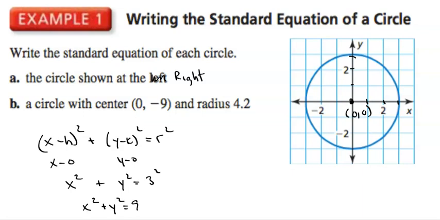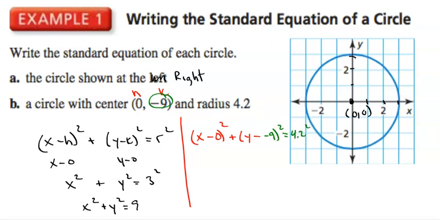And there's your first equation of a circle. Alright, and then another one here, we have a circle with a center of 0, negative 9. So this is my h, this is my k. So we'll do that one, so x minus 0 squared plus y minus, be careful here, this is negative 9, so negative 9 squared equals 4.2 squared.